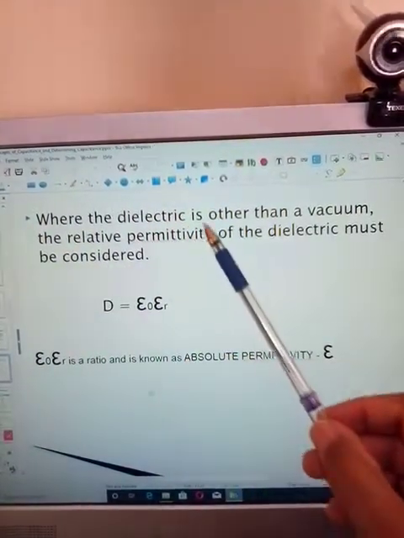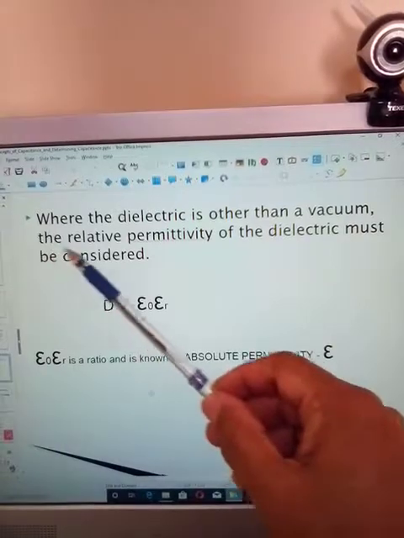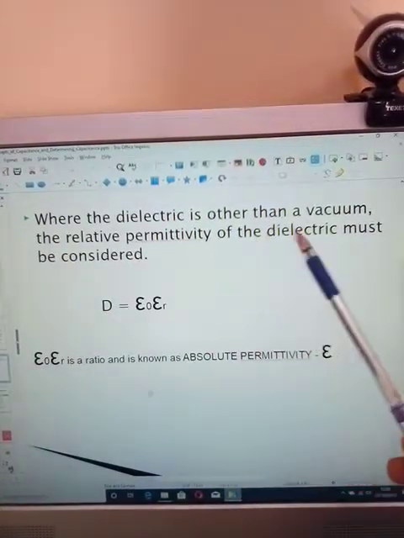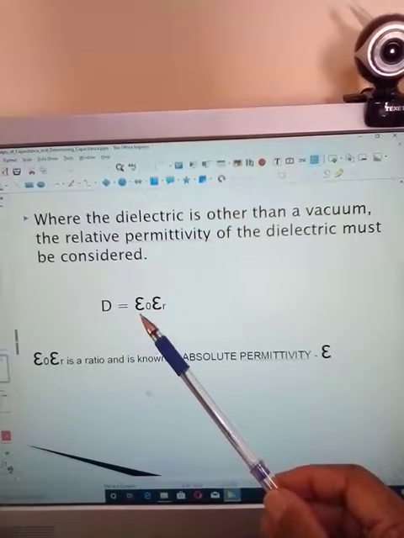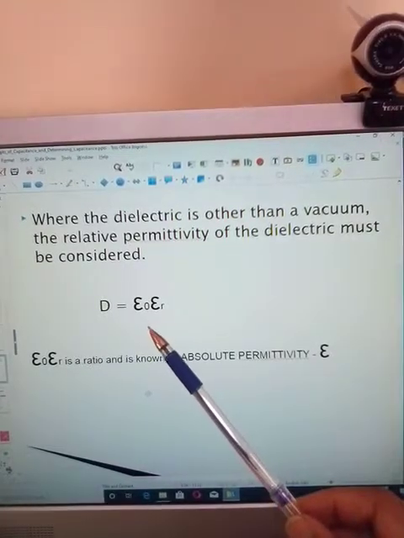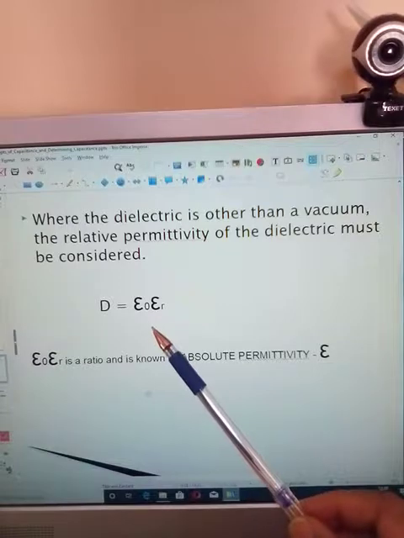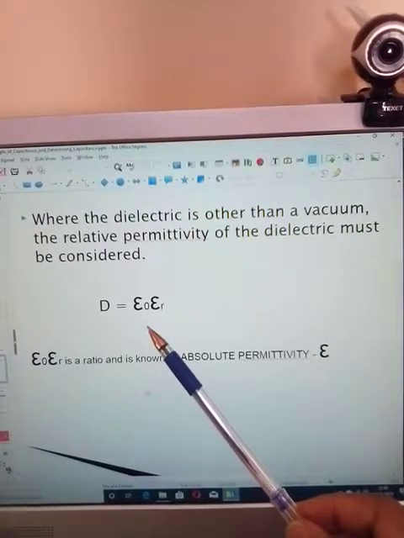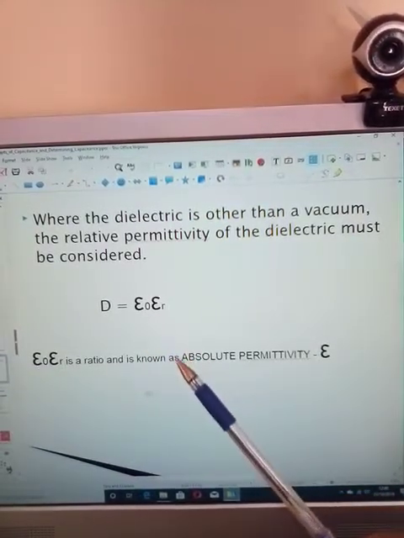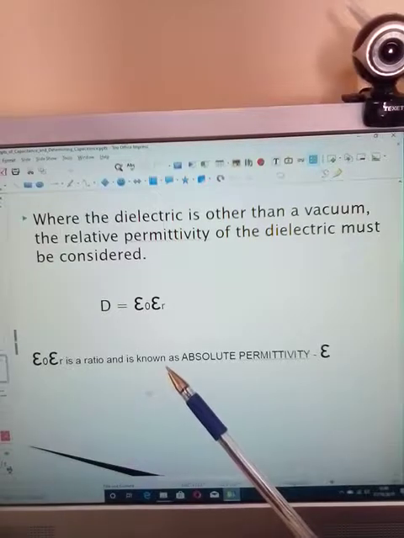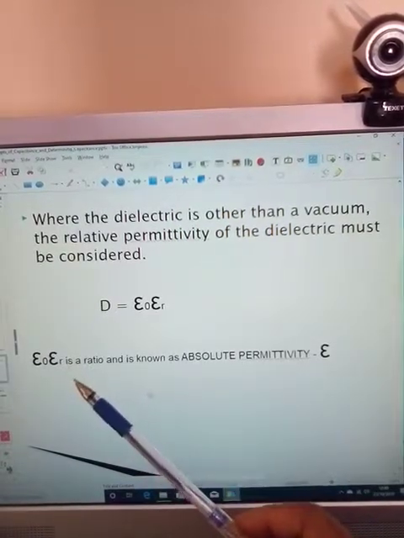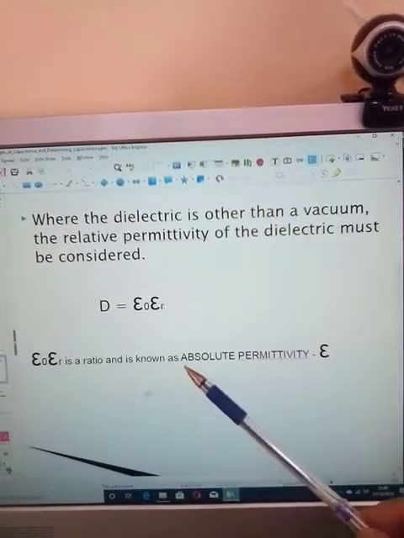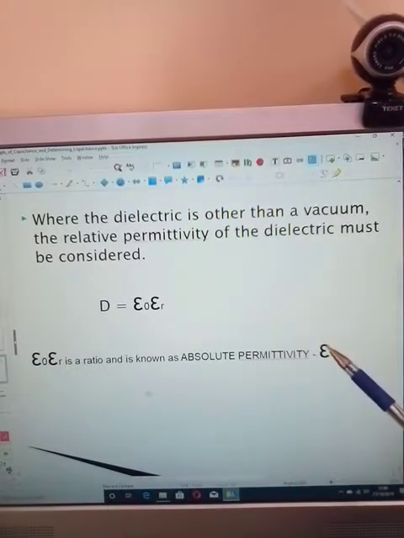Where the dielectric is other than a vacuum, the relative permittivity of the dielectric must be considered. So the permittivity equals the permittivity of free space times the relative permittivity of the dielectric. ε0 times εr is known as the absolute permittivity ε.